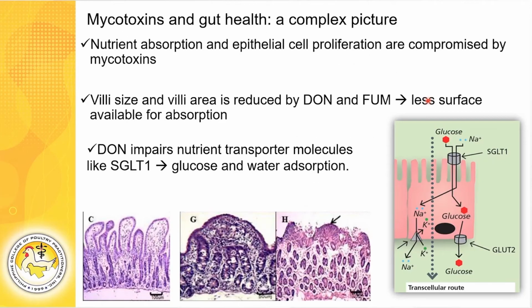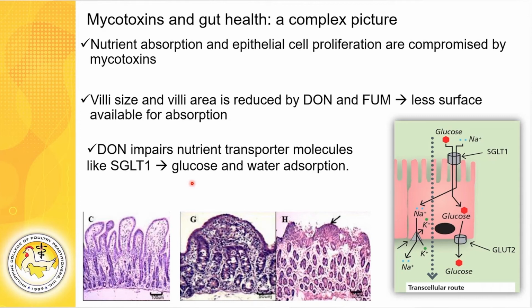But what does that actually mean? I mentioned before, most mycotoxins are protein synthesis inhibitors. So you can see from those pictures over here, they directly influence nutrient absorption and epithelial cell proliferation, and they cause those issues that you can see here, which are villi fusion and villi atrophy. So this gut that you see in those pictures is a gut that is not able to absorb nutrients anymore.